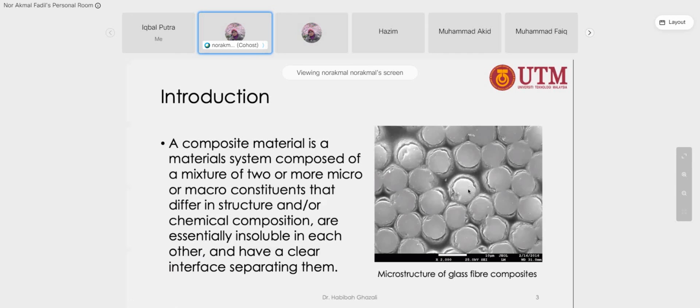So this is what is meant by structure of the composite. The glass ceramic, the epoxy, you can see clear separation between the ceramic and the polymer. So the interface is separated, clear separation.